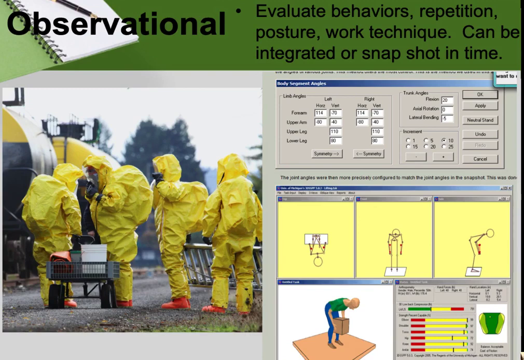And then observational sampling is when we observe people's behaviors, for example, repetition, poor work technique, posture, and this can be integrated into a formula or it can be a snapshot in time. And here is a picture of observational software that I use when I evaluate somebody at work, and then I would take these video snapshots and put them into the biomechanical analysis program and come up with an integrated sampling exposure.